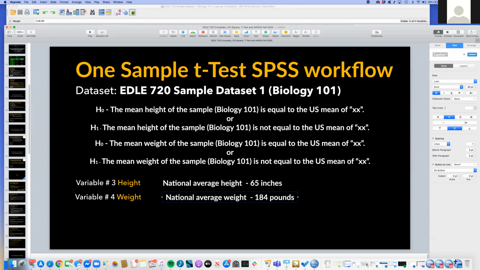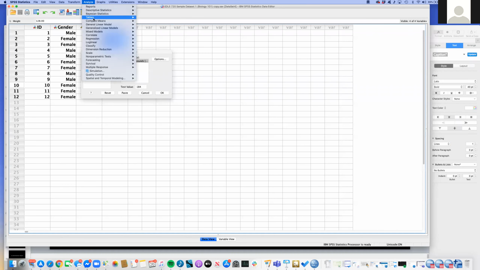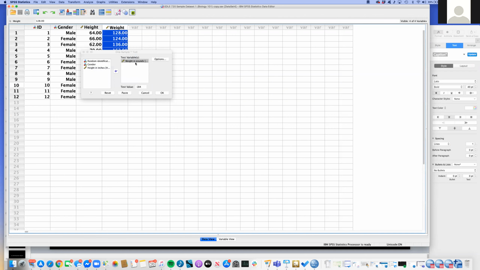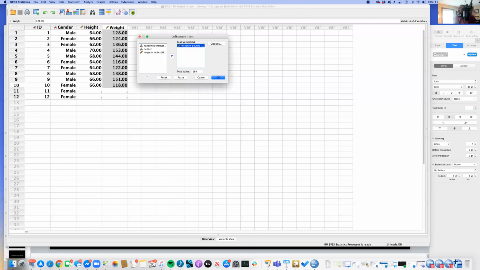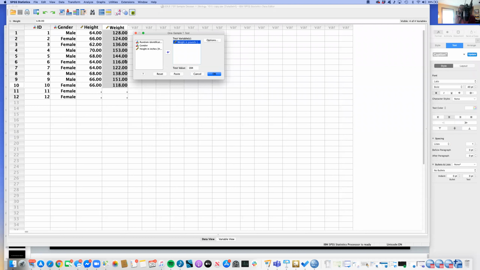Dr. Munn. Yes, ma'am. You said go to Analyze, go to Compare Means, and then I missed it from there. Yeah, Analyze, Compare Means, then One Sample T-Test. And then what are we putting over there? You're going to put weight into the test variable, because that's the weight from your class.